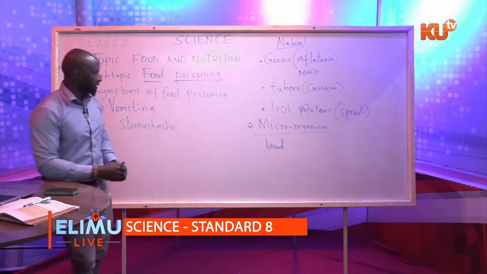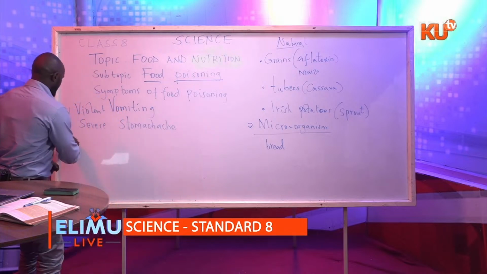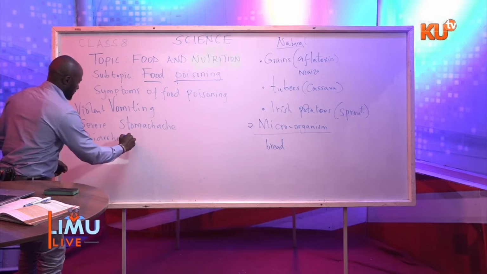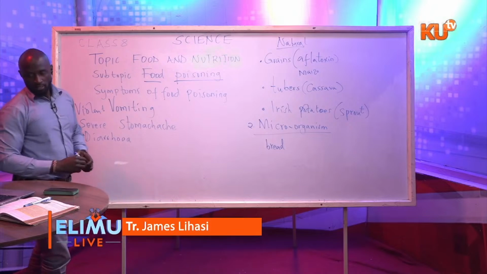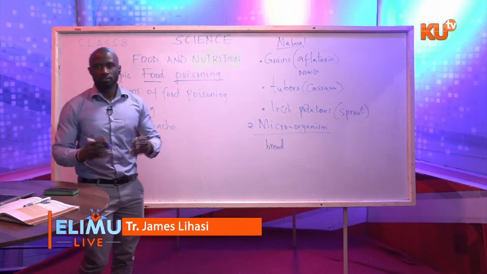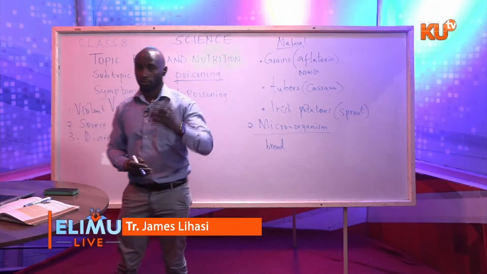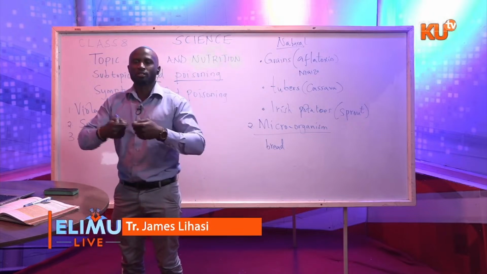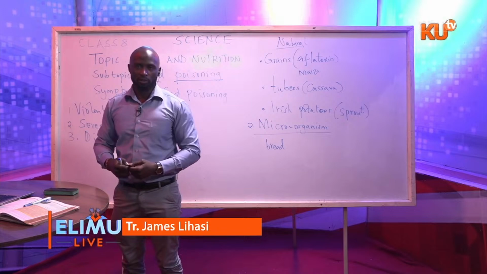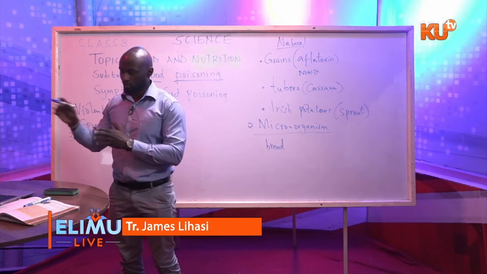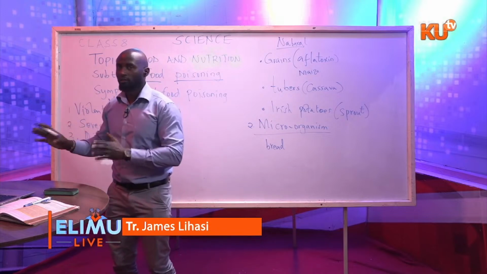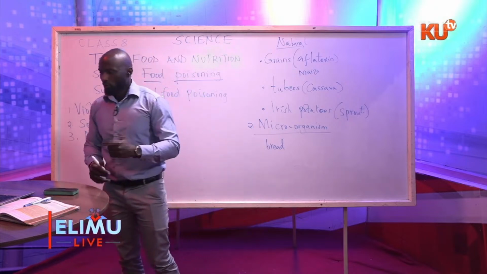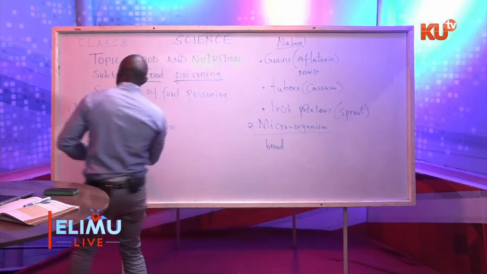Number three, we can have diarrhea as the third symptom of food poisoning. Remember, boys and girls, I've said symptoms are feelings or sensations that a person will experience when he or she is undergoing different things, in this case, food poisoning. We also have fever.